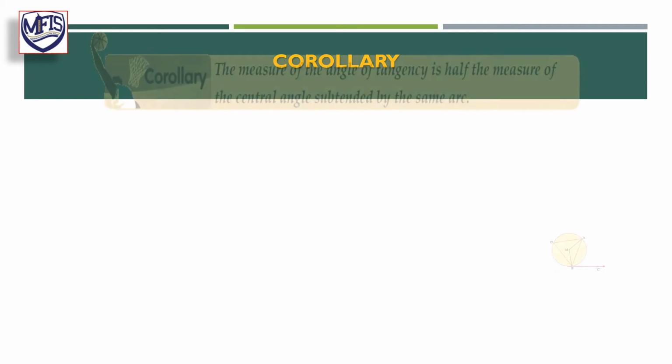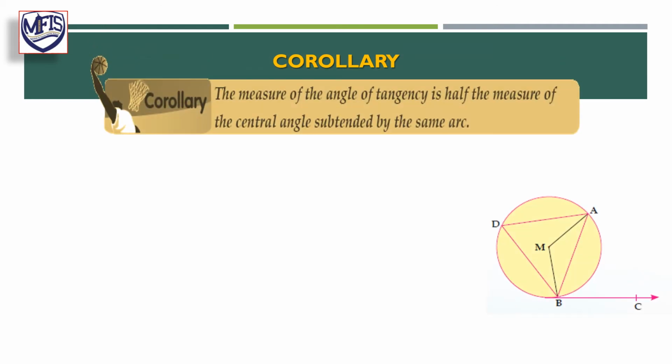Corollary. The measure of an angle of tangency is half the measure of the central angle subtended by the same arc. Look at the figure. ABC is an angle of tangency; the measure of angle ABC equals half the central angle subtended by the same arc AB. How?